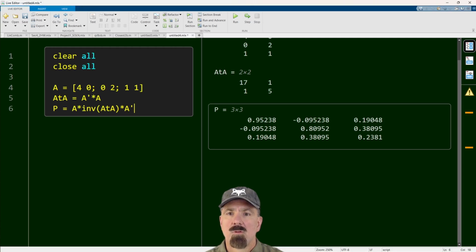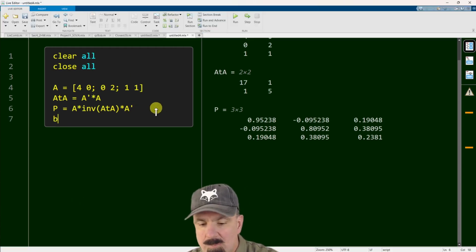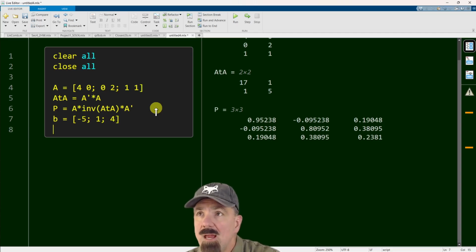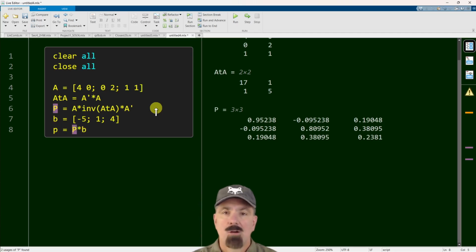So we're going to take P and multiply it times B. B was equal to negative 5, 1, 4. And P times B, this is what Strang calls the projection vector, little p.